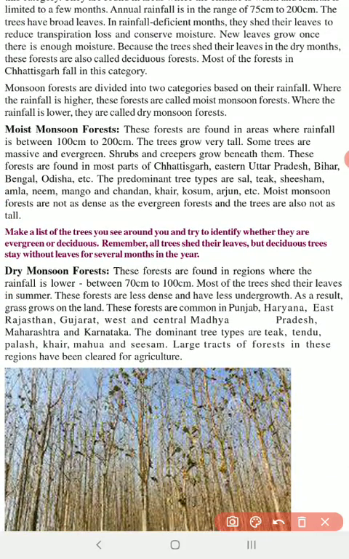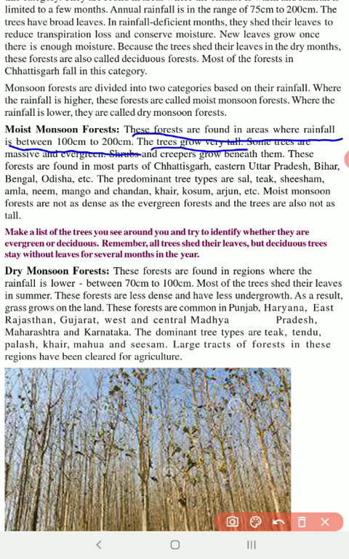Here you see these forests are found in areas where rainfall is between 100 and 200 centimeters. Moist monsoon forests always have an annual rainfall of 100 to 200 centimeters.